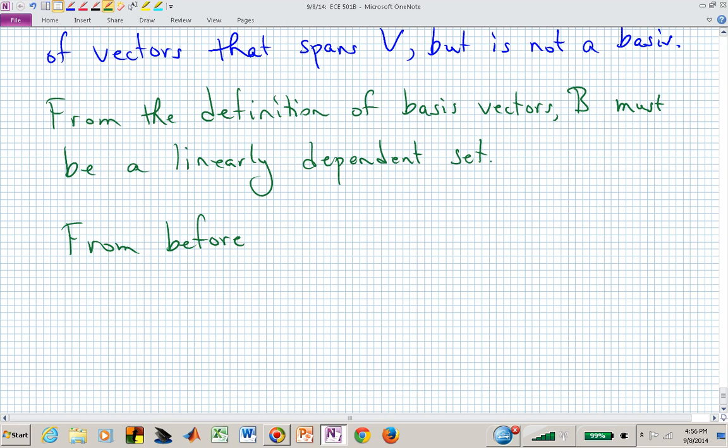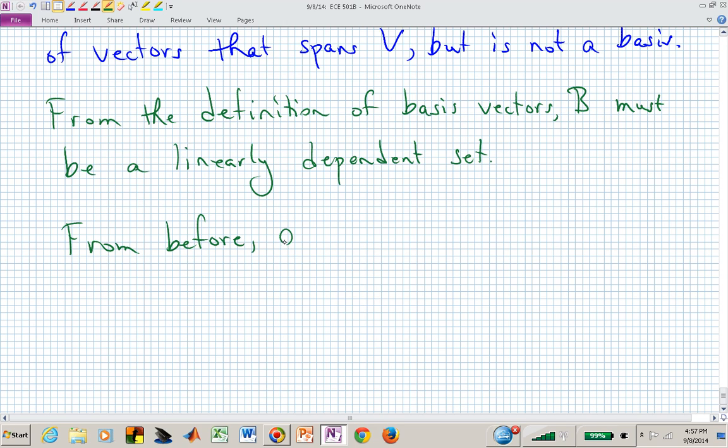Now, from before, we talked about throwing out linearly dependent vectors, didn't we? And what did we do to the span? How did the span change or not change? It didn't change, did it? If we have a vector that's linearly dependent in our spanning list and we throw it out, we haven't changed the span of that reduced set.